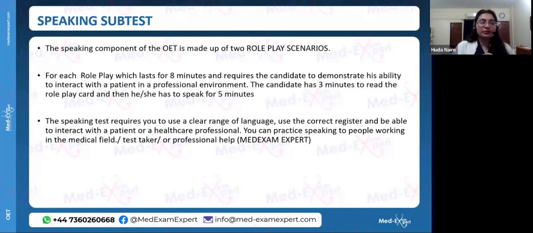If you lose track of the audio, even for a second, you'll notice you'll start getting answers wrong. So even if there's a lot of distraction going on, if the other candidates are asking any questions from the examiner, or if there's any kind of disruption, do not get distracted. Remain focused on your task.